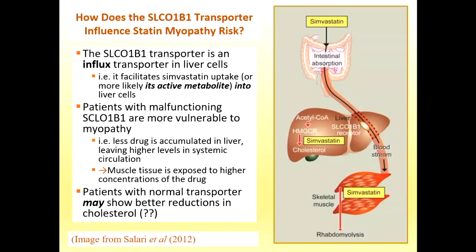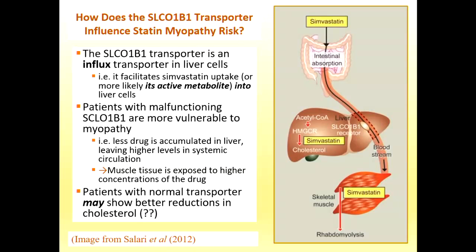Okay, so you're probably wondering, well, what's the big deal? Why are people with this inherited variant form of the SLCO1B1 transporter more vulnerable to myopathy? Well, it basically seems to mean that if you're treating someone with simvastatin and they lack this SLCO1B1 transporter, that shouldn't be a receptor there, that's a wrong name, it's a transporter.